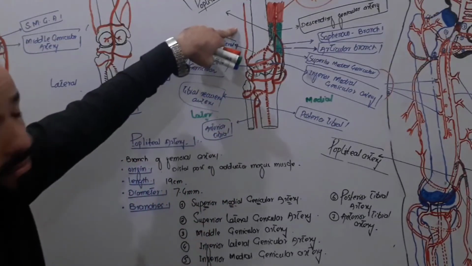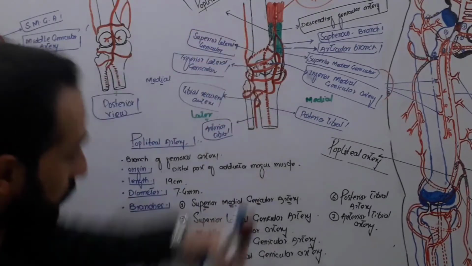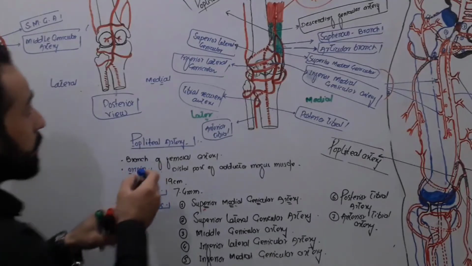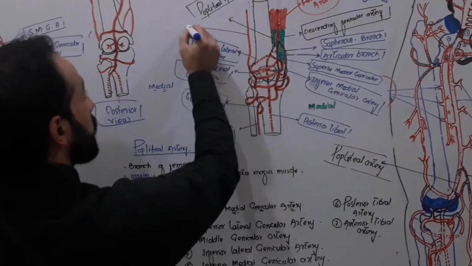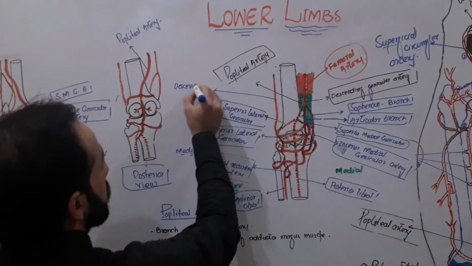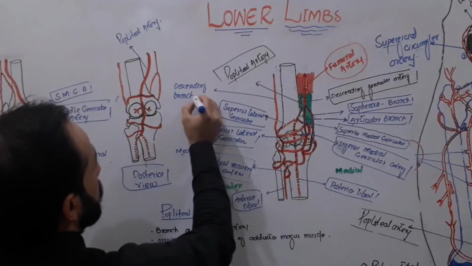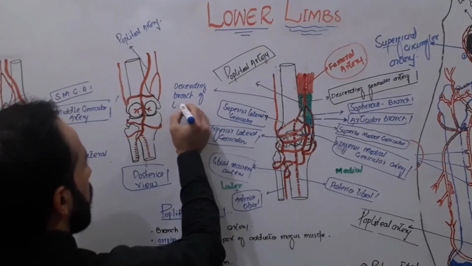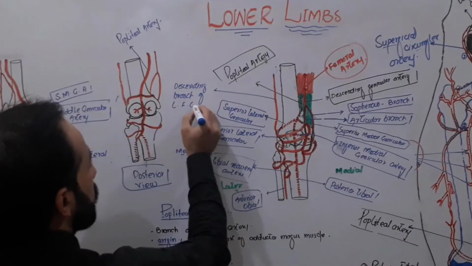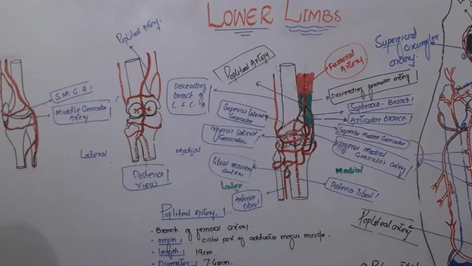You can watch that lecture to make a clear concept about this artery also. So let me name it here. This is the descending branch of the lateral femoral circumflex artery. You can see it in the previous lecture.